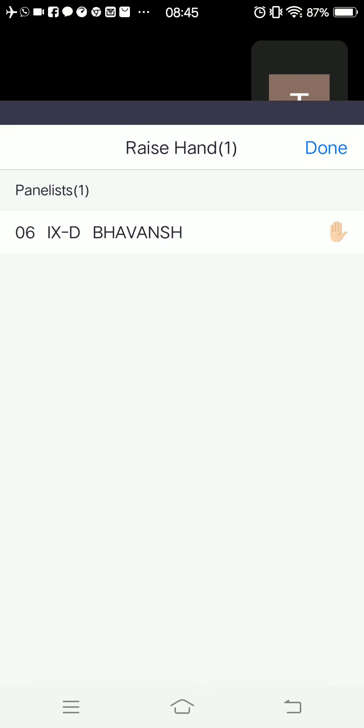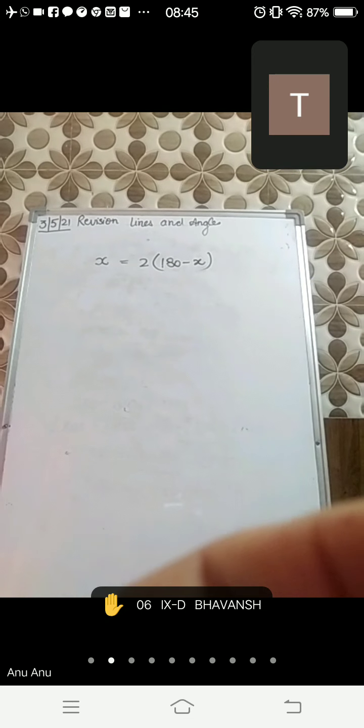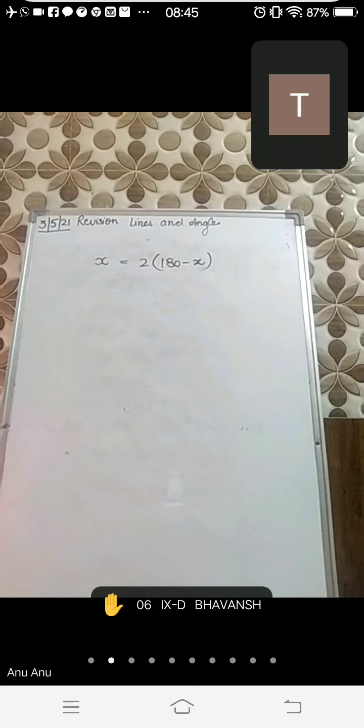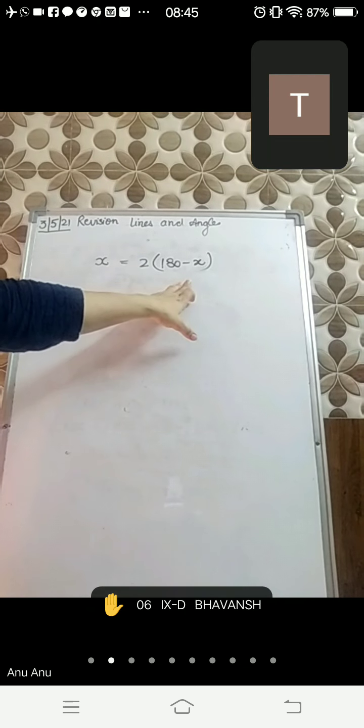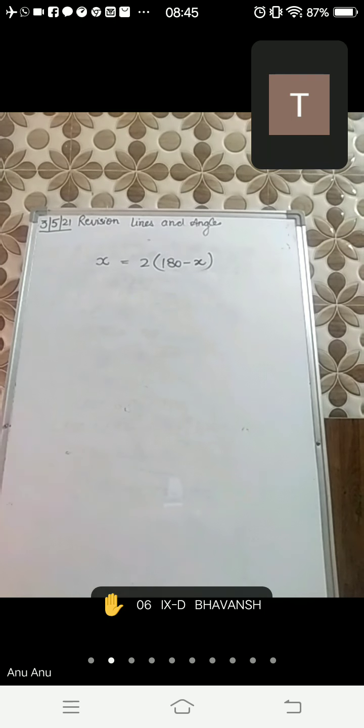Yes, Bhavansh. The measurement of the angle is twice the measurement of its supplement. An angle means x, which is twice its supplement.